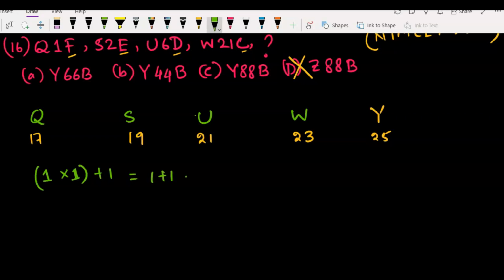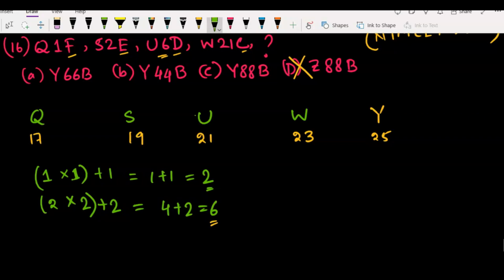So this is 1 plus 1 equal to 2. And in the second number we get this 2. Now for the second number, it will be 2 multiplied by 2 plus 2. So here we get 4 plus 2, that is 6. You see, 6 is the third number.